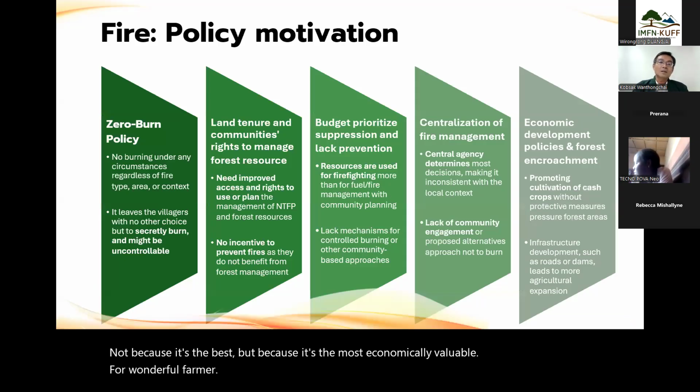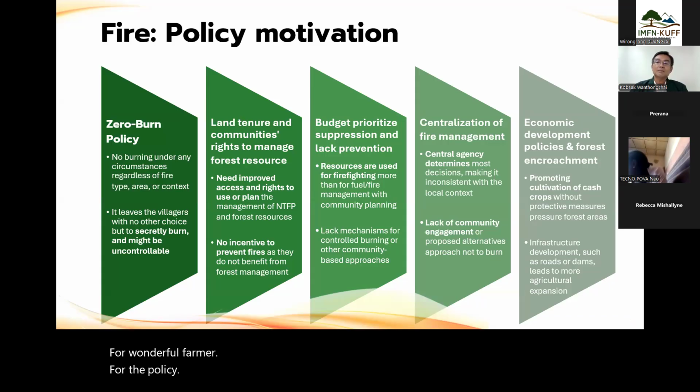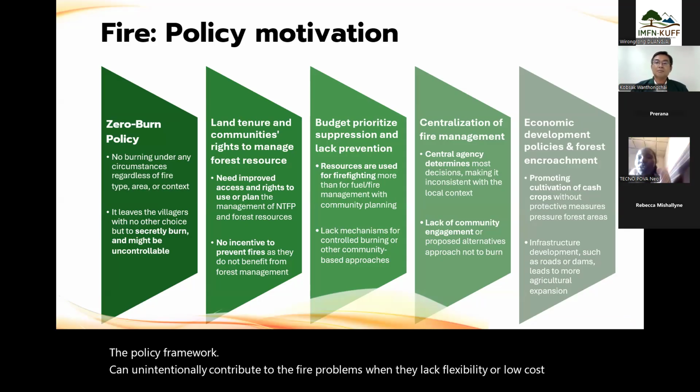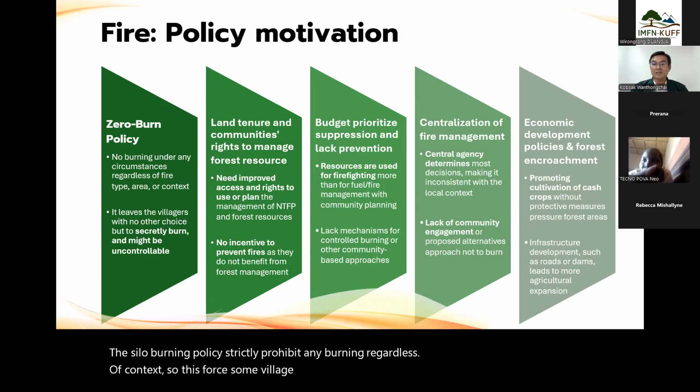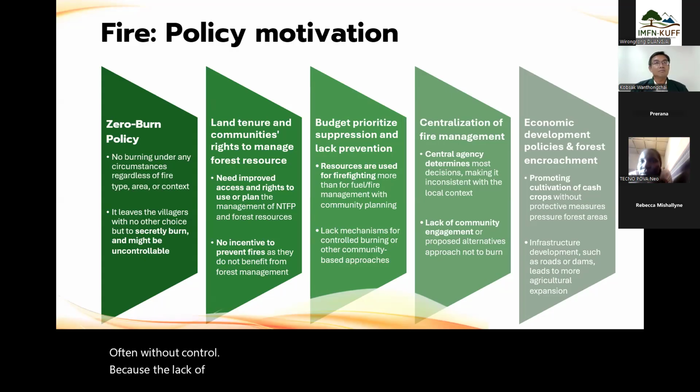For the policy motivation, policy frameworks can unintentionally contribute to fire problems when they lack flexibility or local sensitivity. The first, zero-burning policies strictly prohibit any burning regardless of context. This forces some villages to burn in secret, often without control, because of the lack of viable alternatives.